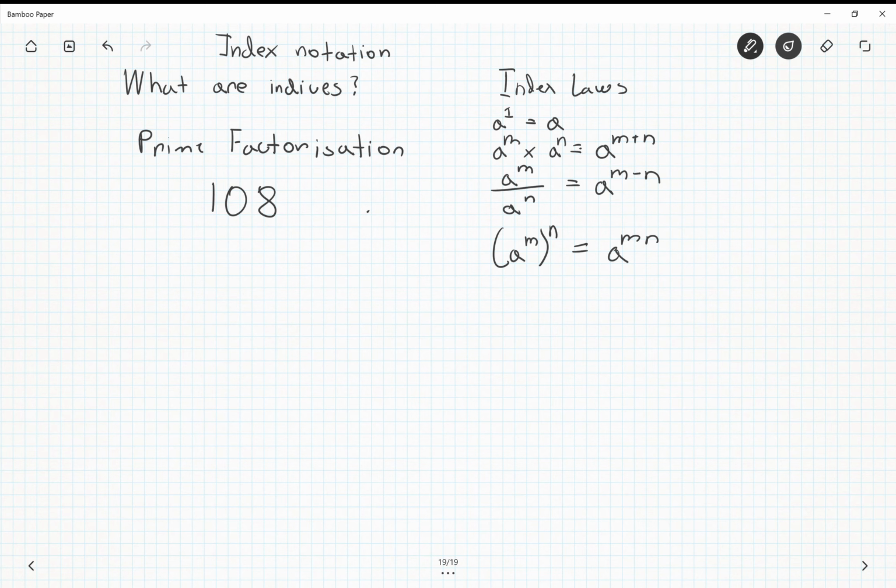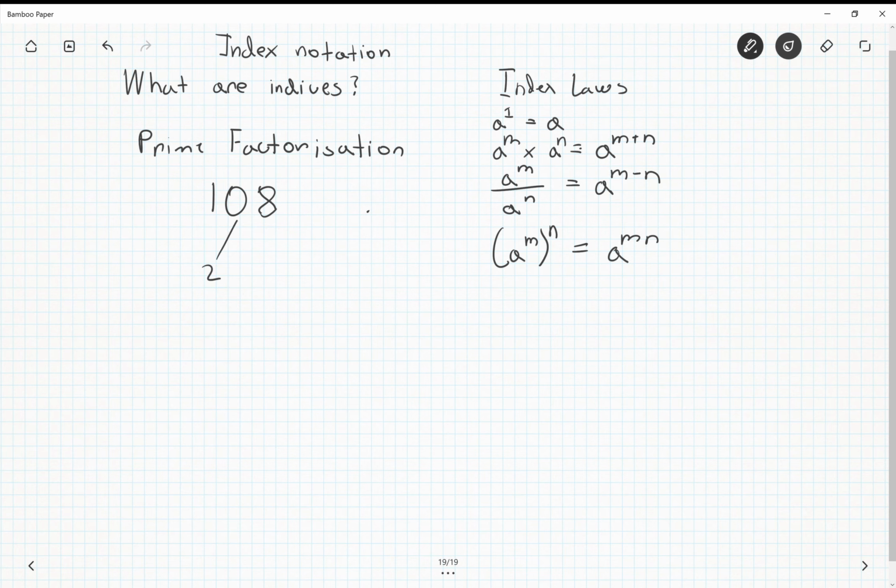So the answer for 108 in prime factor form is 2 squared times 3 cubed, and I'll show you how we got there. The way we start writing it in prime factor form is we check what 108 can be divided by, starting with 2.